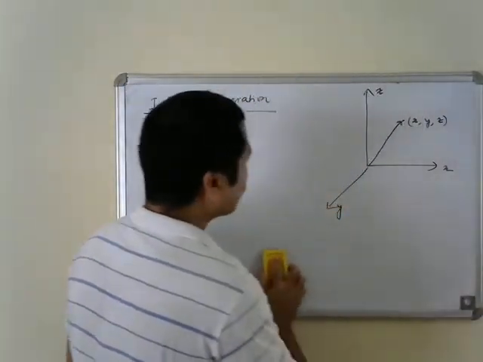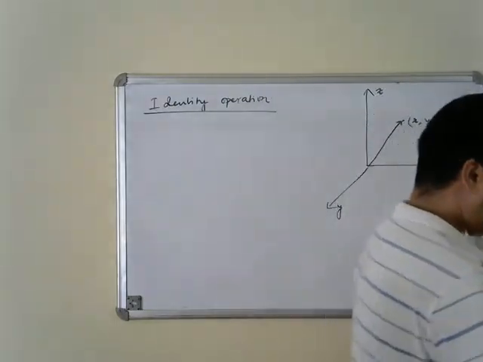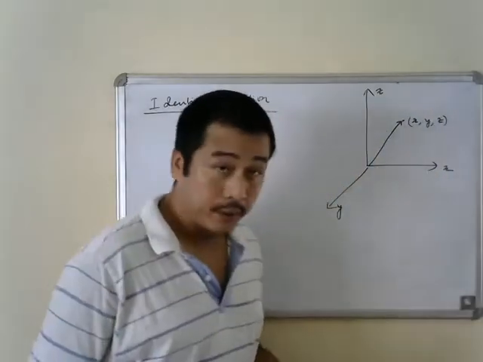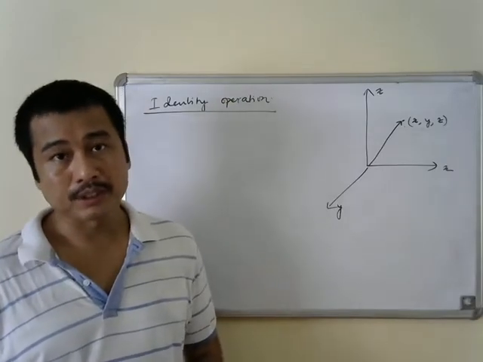So let us stick to these three-dimensional Cartesian coordinates and then derive these matrix representations for other symmetry operations as well.